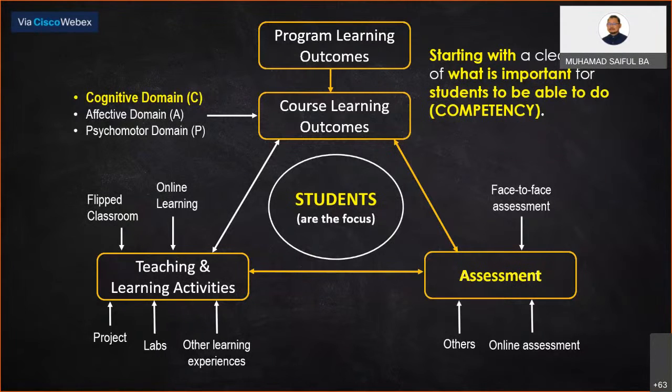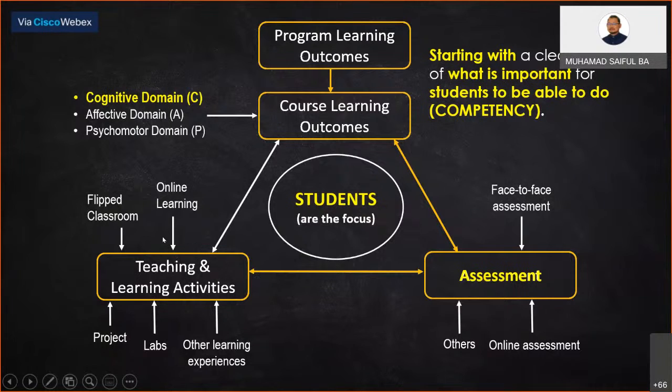If you look at the course learning outcomes, there is the very common cognitive, affective, and psychomotor, but today we are talking about cognitive specifically. We link it to assessment, but we must bear in mind that even though we assess the students at the end, the most important thing is how they were trained before we assess them.